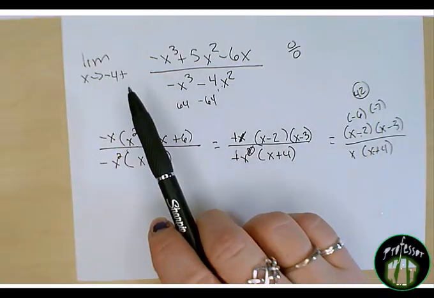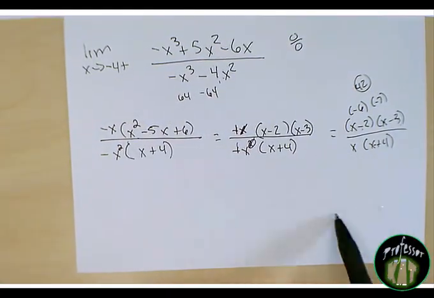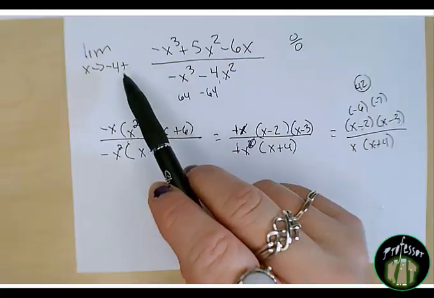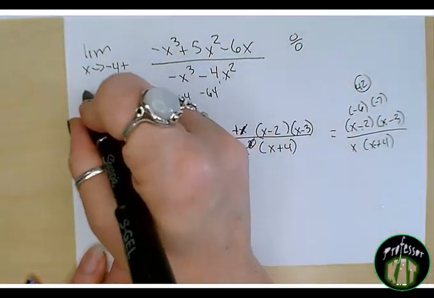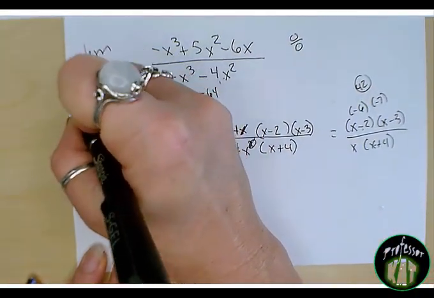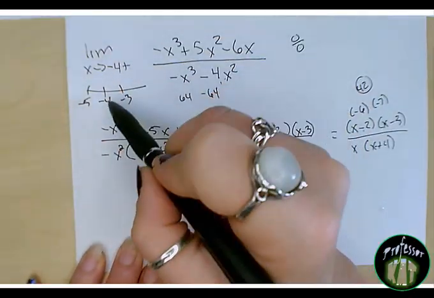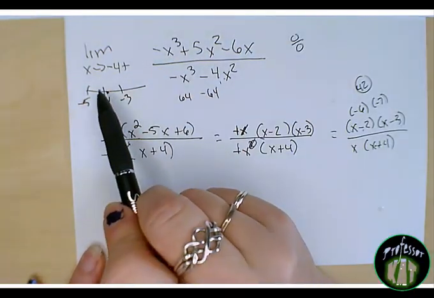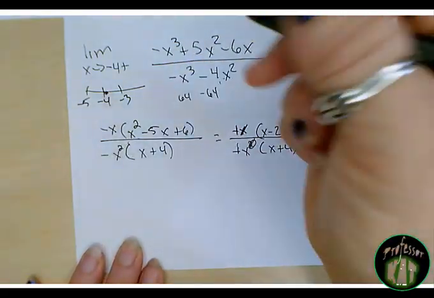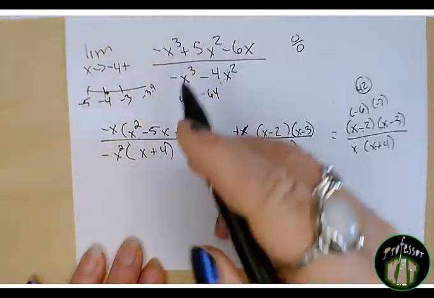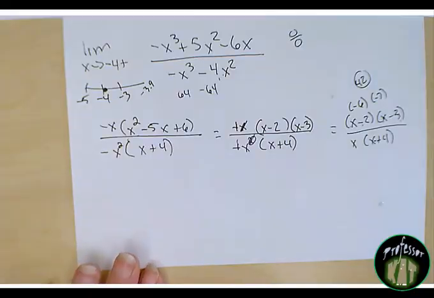My denominator, you don't want to just plug in a negative 4 because you will get a 0. Keep in mind we are approaching negative 4 from the right-hand side. So if we're taking a look at negative 4 from the right-hand side, we want something directly to the right-hand side. So I would say maybe use like negative 3.9.